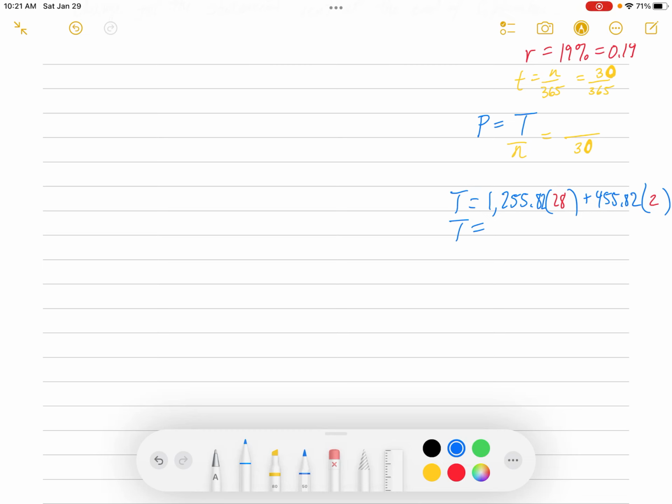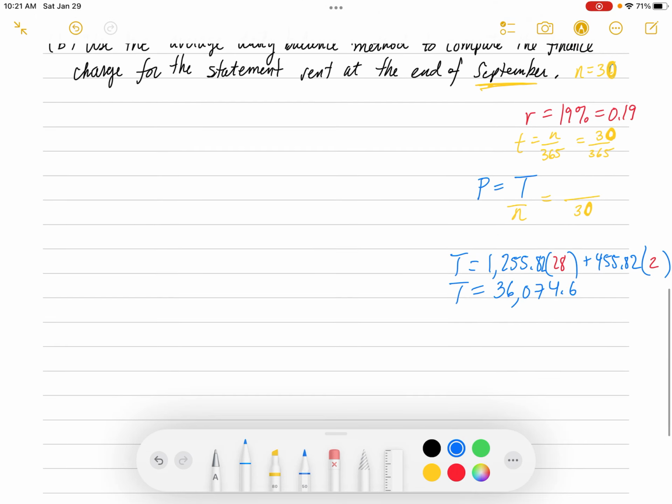And we get, let's see, 36,074.6. So we're going to plug that in the above formula where the big P is. We're going to have 36,074.6 divided by 30.